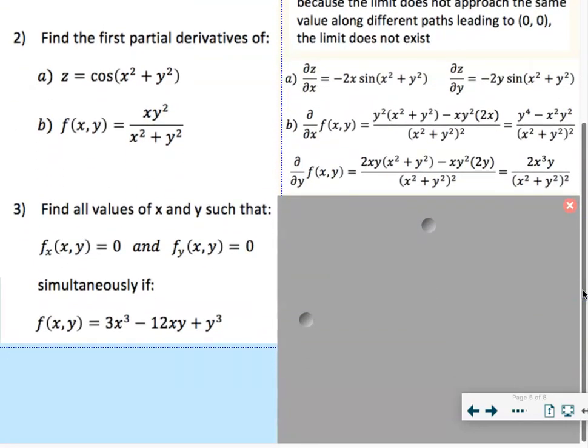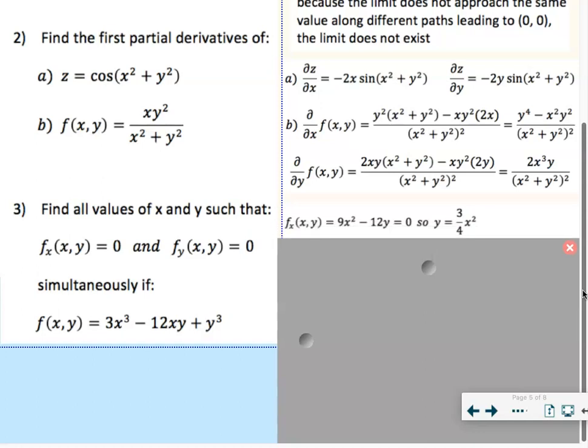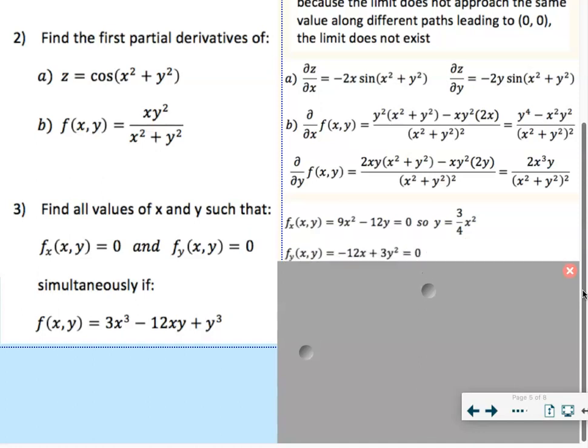Find all of the values such that both partials are equal to 0 at the same time. So first you have to find the first two partials. So your partial x would be 9x squared minus 12y. And you set that equal to 0. And then your partial y would be negative 12x plus 3y squared.